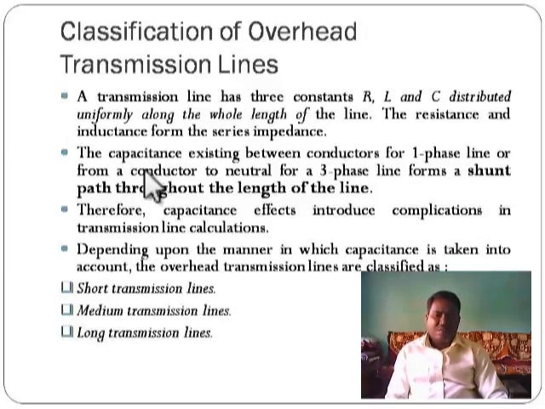And in some cases, the capacitance existing between conductors for a single phase line, or from a conductor to neutral for a three phase line, forms a shunt path throughout the entire length of the line. Yes, in some cases, when the length of the line is more and more, we have the effect of capacitance in the line also.